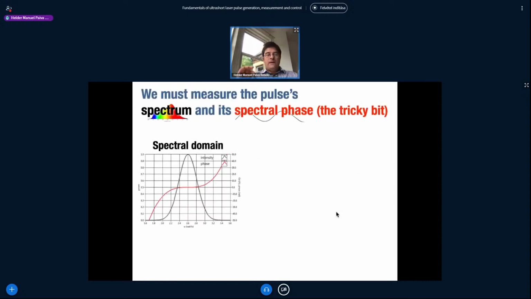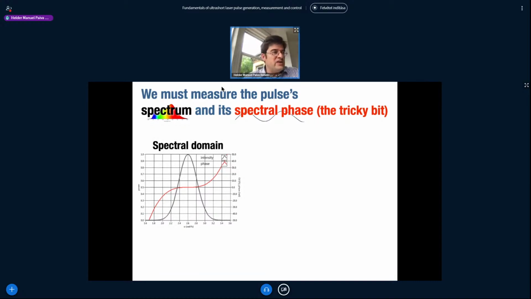So to measure a pulse, the important information is two pieces of information. One is its spectrum. In other words, which colors does the pulse have? And this can be done simply with a spectrometer. So there are devices to which you can send a pulse, and they will tell you how many colors you have, what's the spectrum of the pulse. So it's relatively easy to measure.